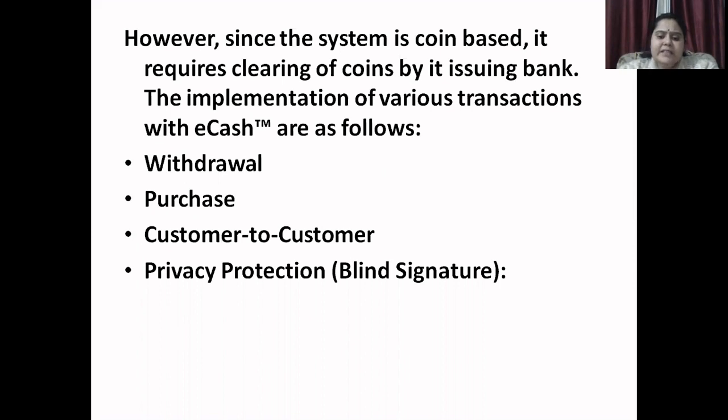If, as is usually the case, no such serial number has been recorded, the bank stores it and informs the merchant that the coin is valid and to accept the deposit.